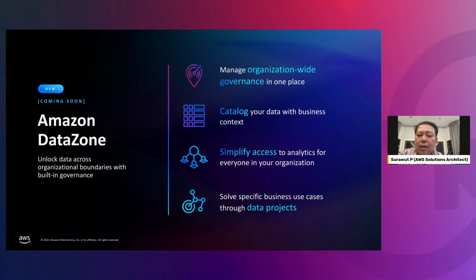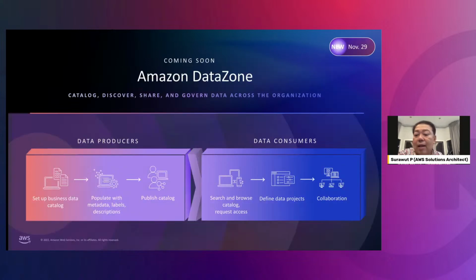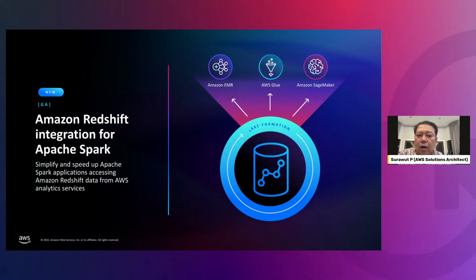And we make sure that your Apache Spark can run anywhere. So not just Athena Spark, we also provide Amazon Redshift integration for Apache Spark. So you can use Apache Spark applications, Python, Scala to access data without servers.